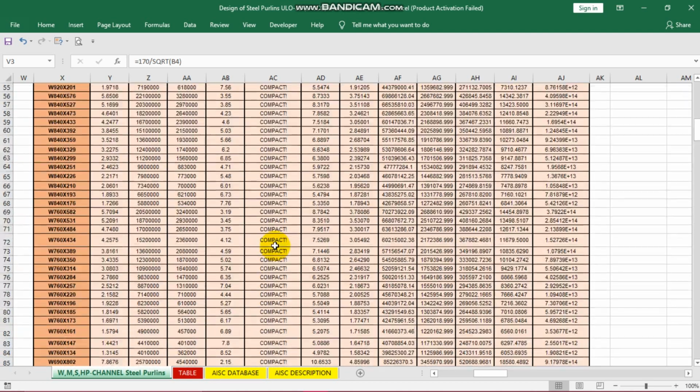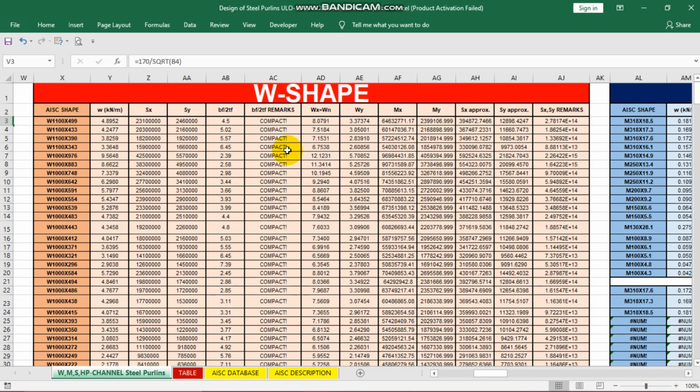Next, since these are the compact ones, I immediately took the probable or approximate WX of each. The purlins or the beam itself, the steel shape itself, has a weight, its self-weight.